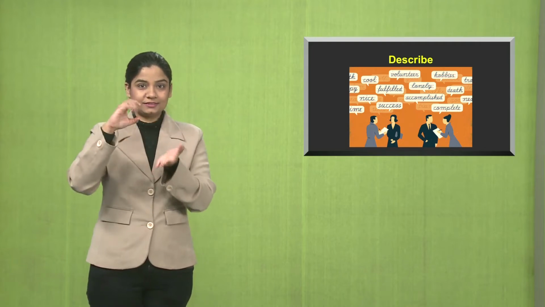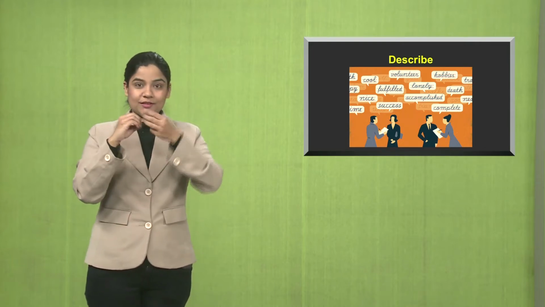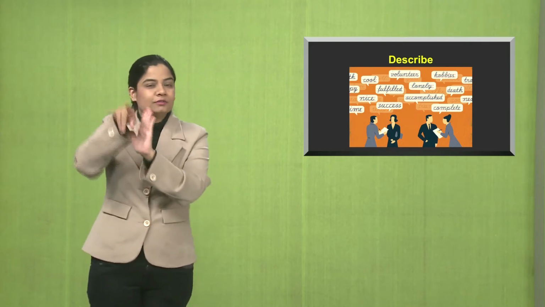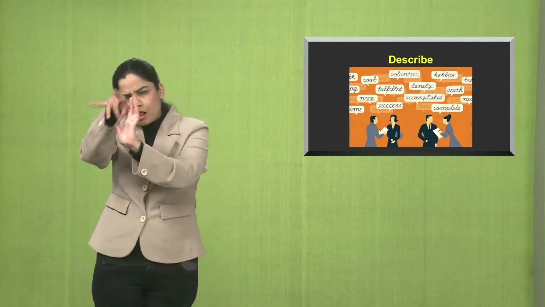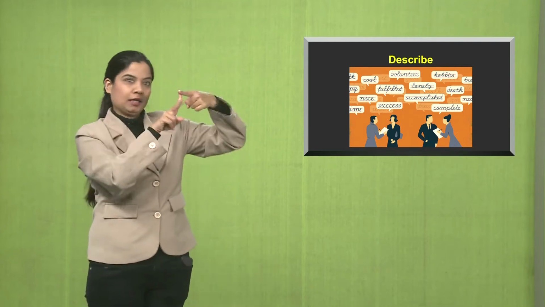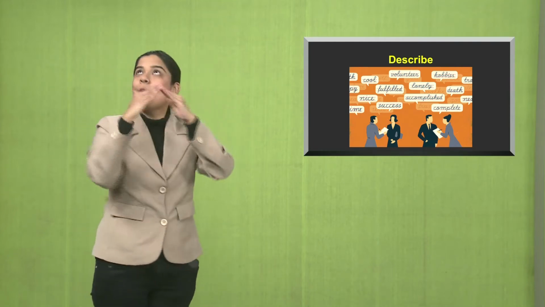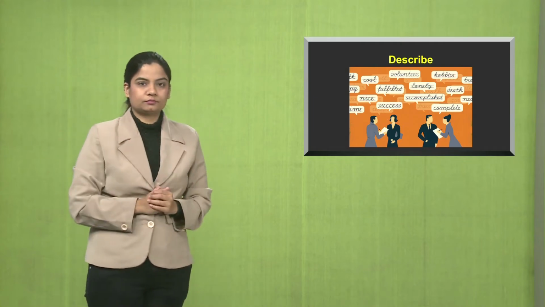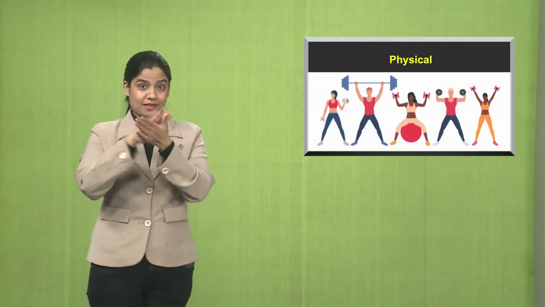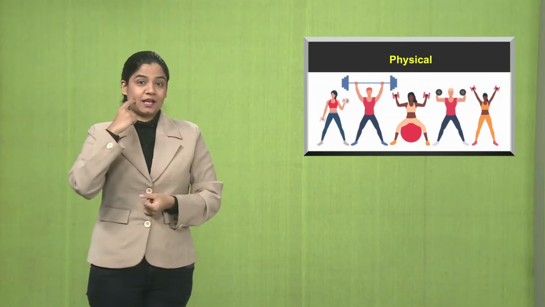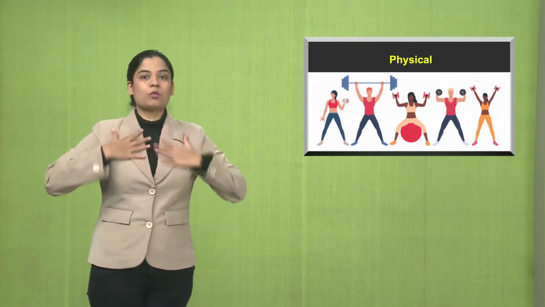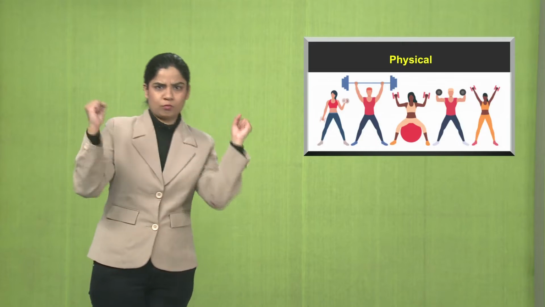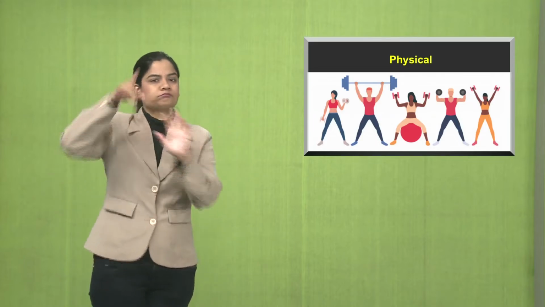Describe. Describe means to give a detailed account in words. For example, description of a person, description of a TV, different appliances at home, etc. That's called describing. Physical. Physical means bodily, something pertaining to the body is called physical.